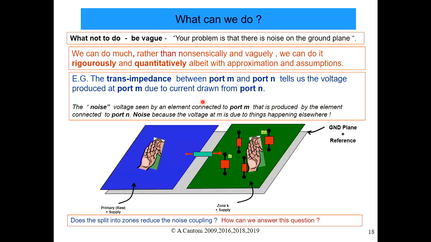The impedance looking in is the relationship between the current and the voltage at one port. But if you have a 2-port, then transimpedance is the relationship between the voltage at one port and the current at another port. So transimpedance rather than just impedance, because it's between 2 ports.